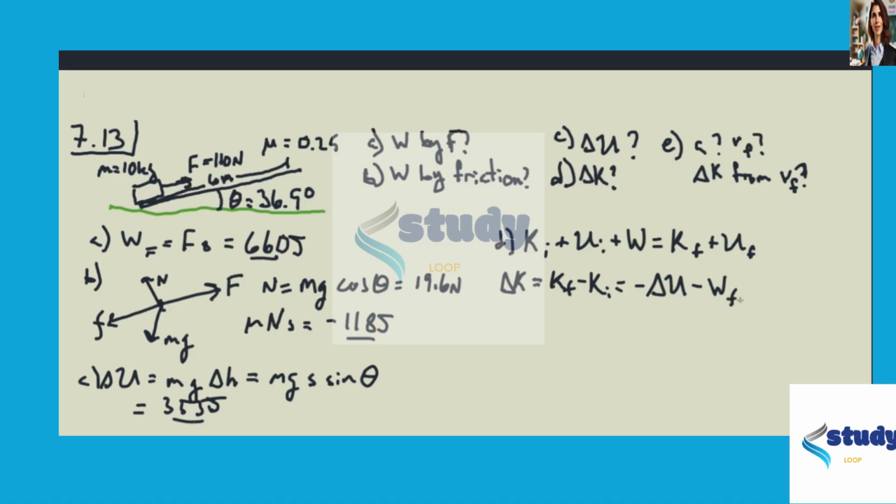In this case, we know it's friction that does it. Or, no, plus the work done, because it stays on the same side, which is good because this is negative. And so our change in kinetic energy is 190 joules. So far, so good. And then we'll start a new page for part E.